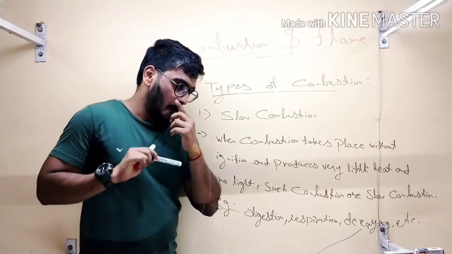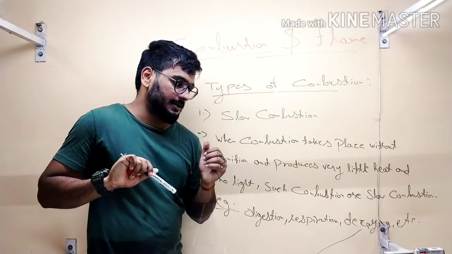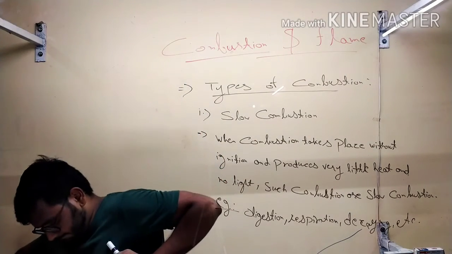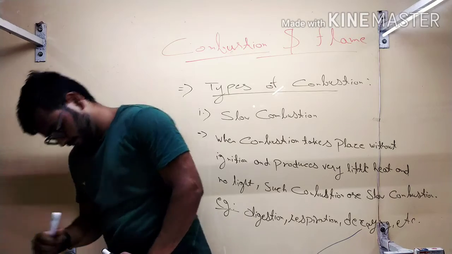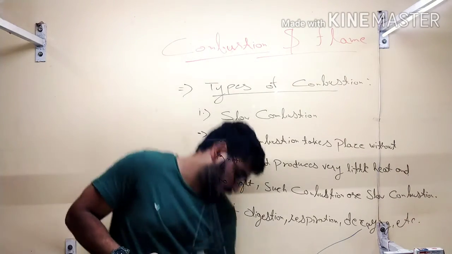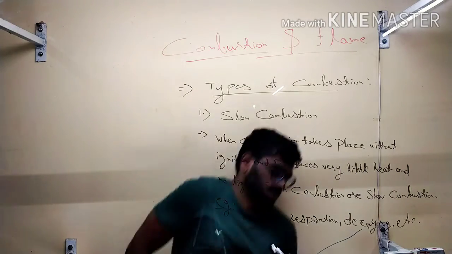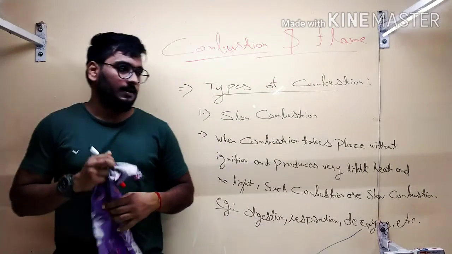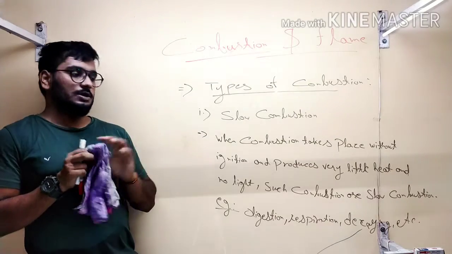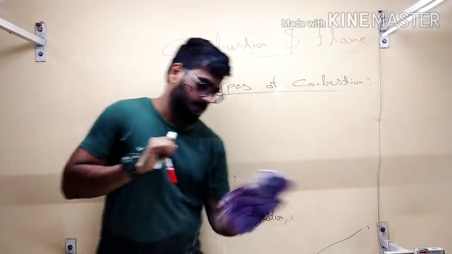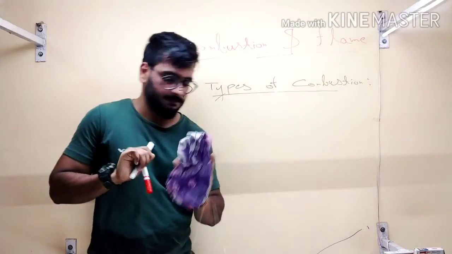Now, note this thing. So we have discussed slow combustion. Coming forward to the second type, which is rapid combustion.